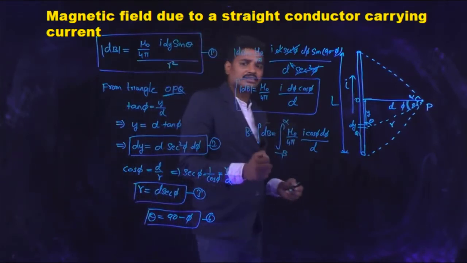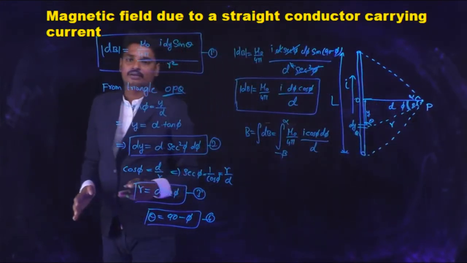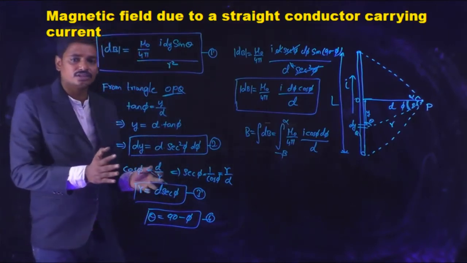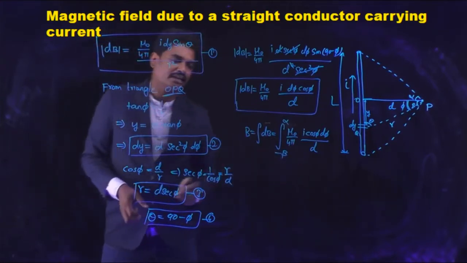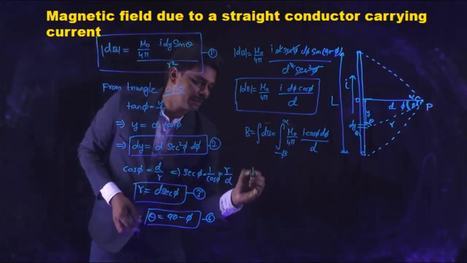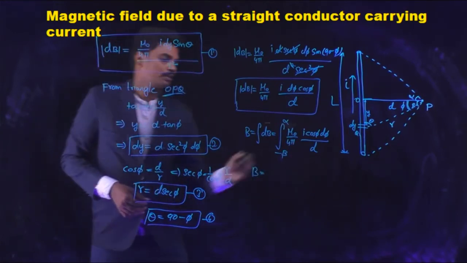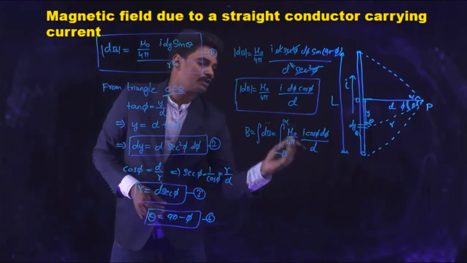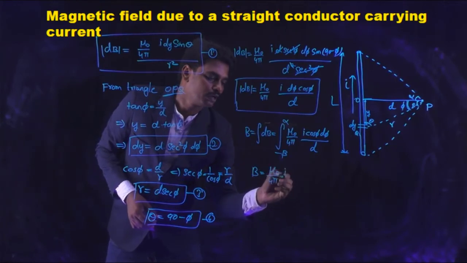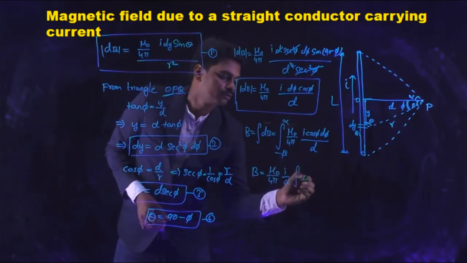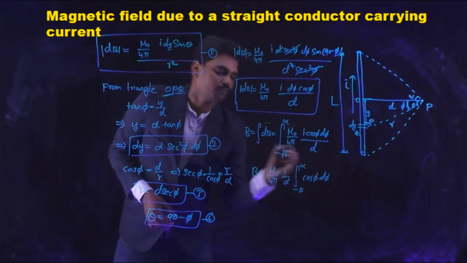Why are we taking minus? Because alpha is calculated in the clockwise direction and beta is calculated in the anti-clockwise direction, so we have taken minus beta. Therefore, the total magnetic field induction B is equal to, writing the constants outside, mu naught by 4 pi into I by d times the integral of cos phi d phi from minus beta to alpha.